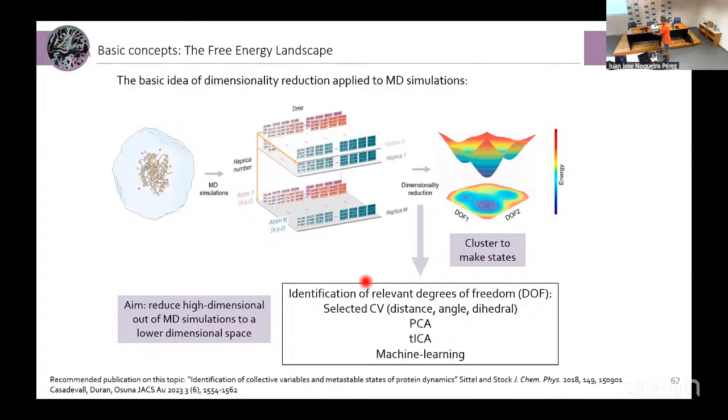Later this evening, we will go deeper into this and see how we can transform the MD data into free energy landscapes that can provide us insights on the structure and conformational dynamics of the protein, and use this for understanding how allosteric activations occur, for example. Depending on which problem I want to analyze, I will use one set of coordinates or another, and this is critical. This is something that you should decide on when analyzing your data.